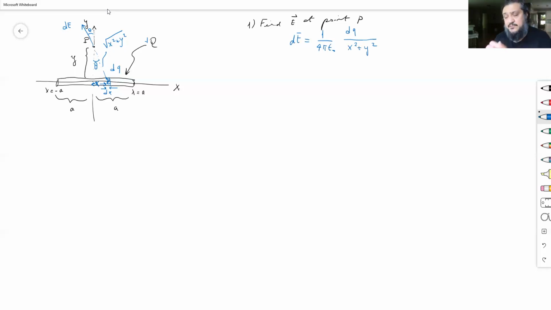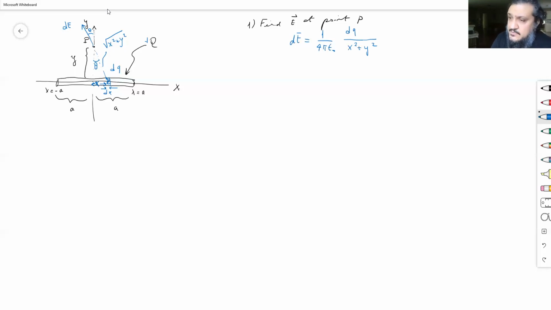Okay, so we have to take into account all these dEs coming from all around over the surface, over the object here, from negative a to positive a. That means an integration, right? So that's the method here, finding electric field using this method.